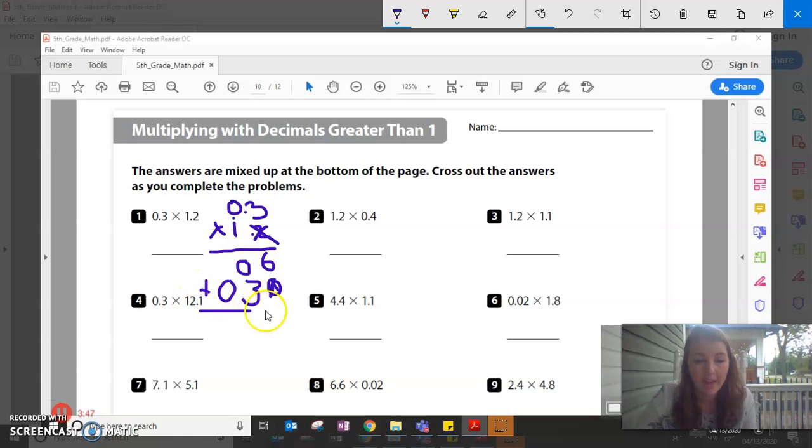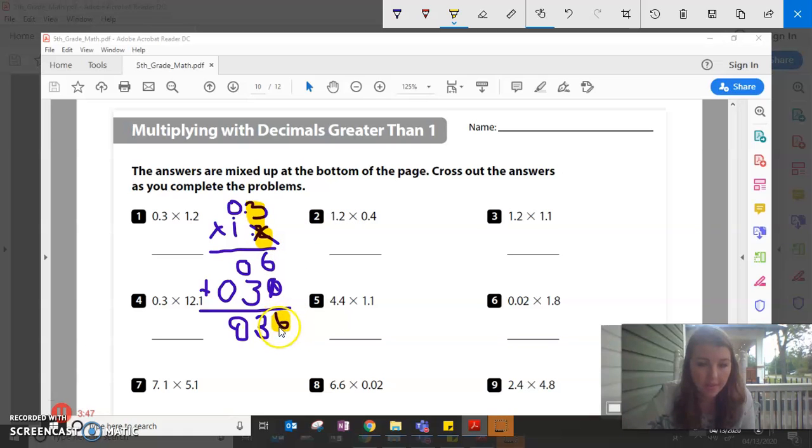All right, now I'm going to add up my two partial products. 6 plus 0 is 6, 0 plus 3 is 3, and 0 plus nothing is 0. And just like before, I'm going to ask how many total digits do I have that are decimal digits. So this one has 1, it has tenths, and this one has 1 tenths. So I need my product to have a total of 2 digits in the decimal place.